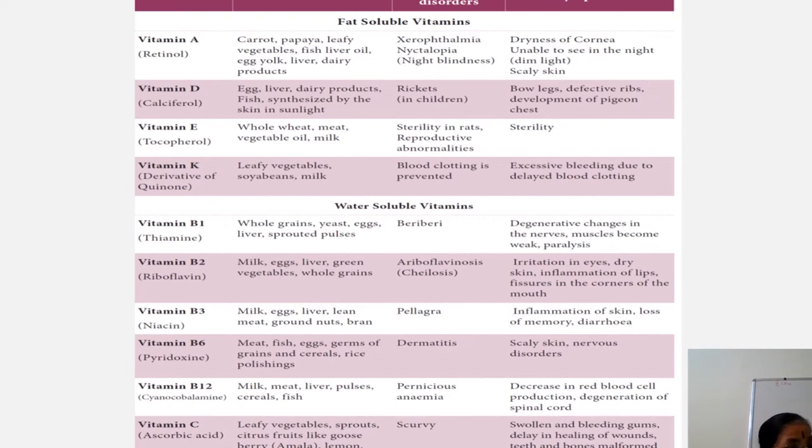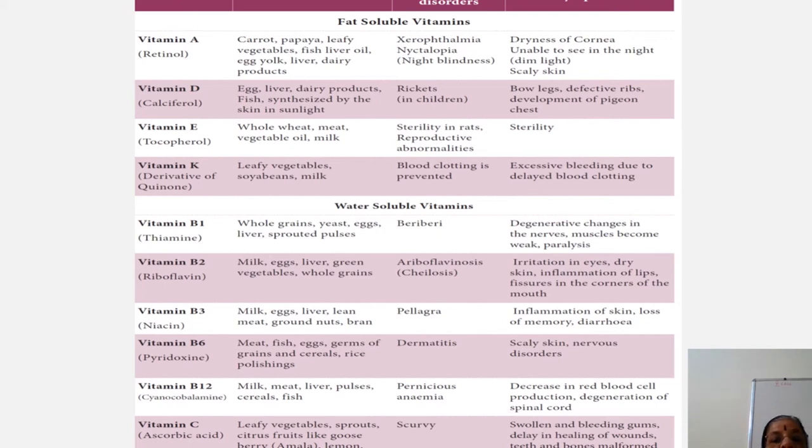Another one is protein deficiency, kwashiorkor and marasmus. Now the symptoms of vitamin D deficiency: bow legs, defective rib cage, defective ribs, development of pigeon chest, where the chest bulges outward.